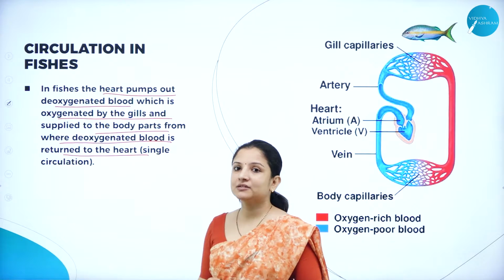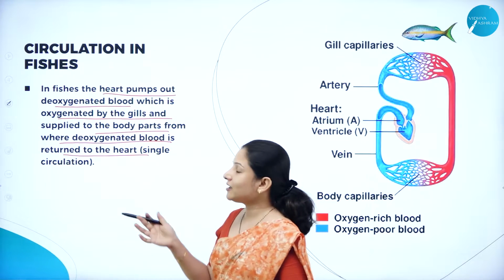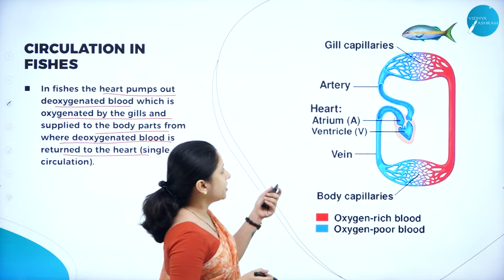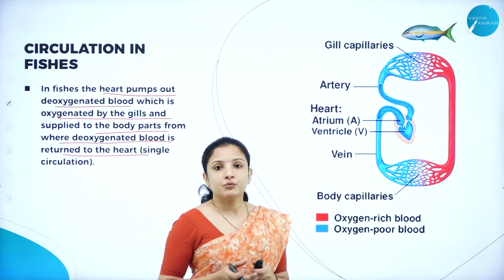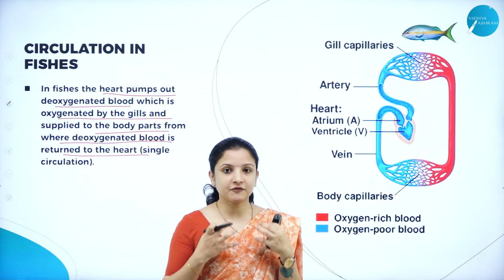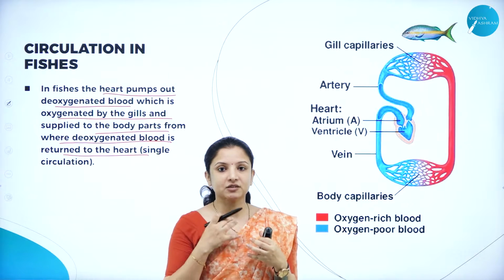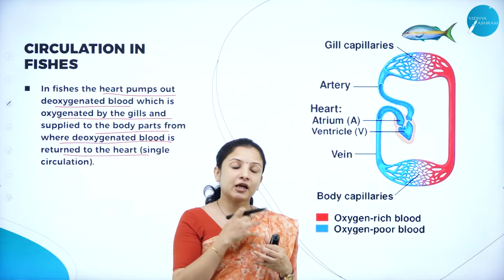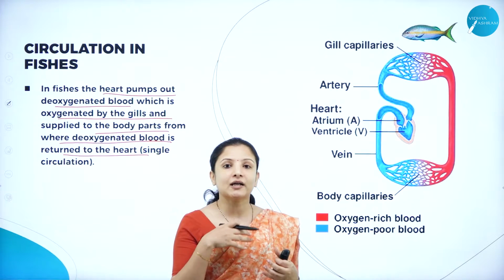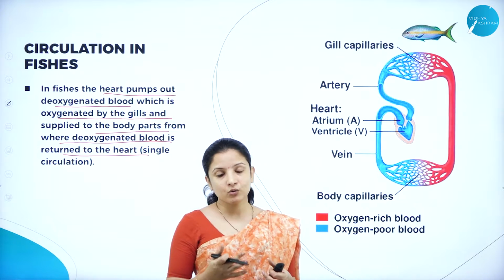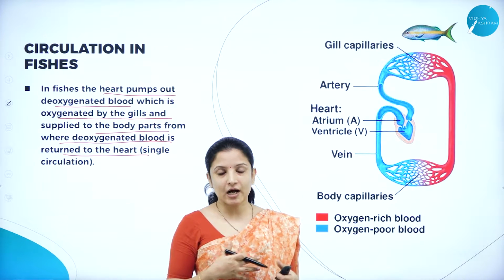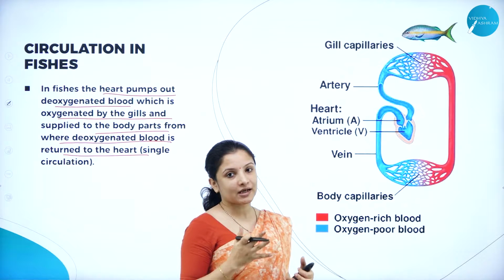So here the heart pumps out deoxygenated blood. Just like how we have lungs for respiration, fishes have gills for respiration, right? Therefore, the gills of the fishes are connected to the heart, like how our lungs are connected to the heart.